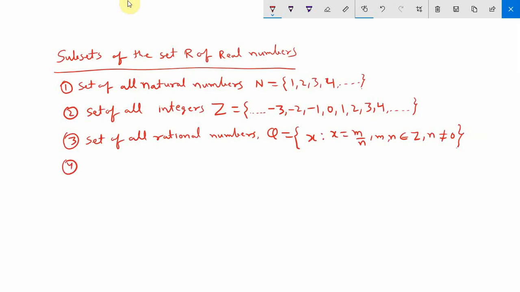Fourth type is the set of all irrational numbers.